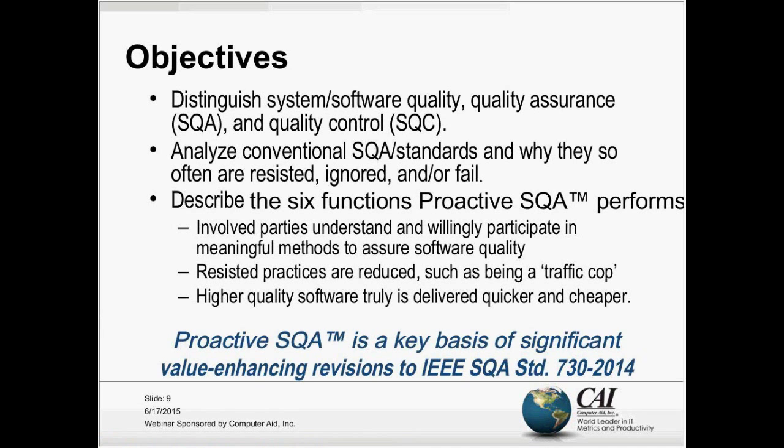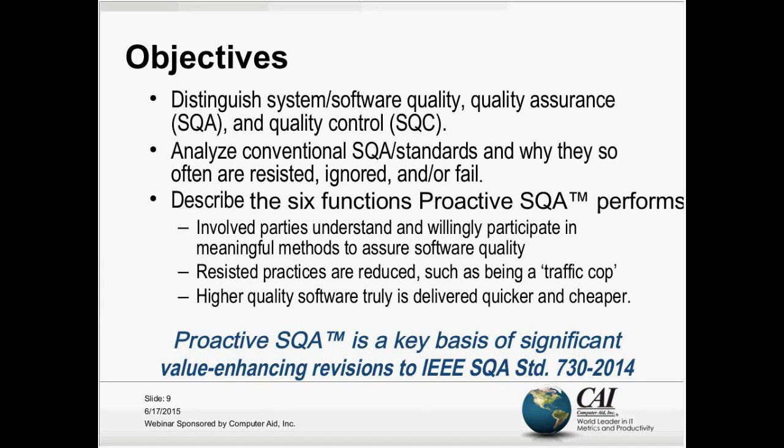The proactive software quality assurance that I'll be describing, I want you to be aware, is a key basis of the recently released IEEE Standard 730 on software quality assurance. I was a member of the working group that came up with this standard, along with a number of other important contributors.